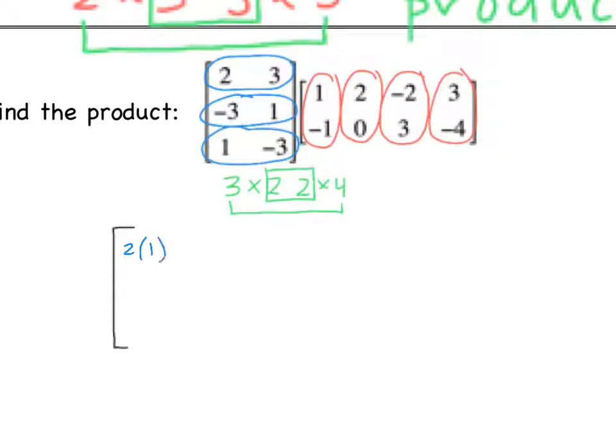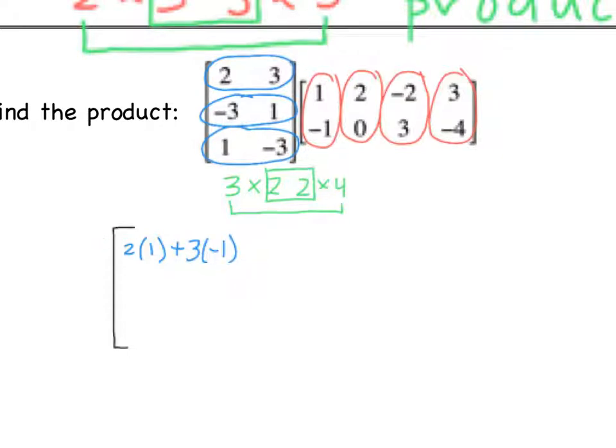Then we go on to the next element in that circle: 3 times negative 1. We add that product to it. So this is row 1 times column 1, and it goes in row 1, column 1 of our product matrix.